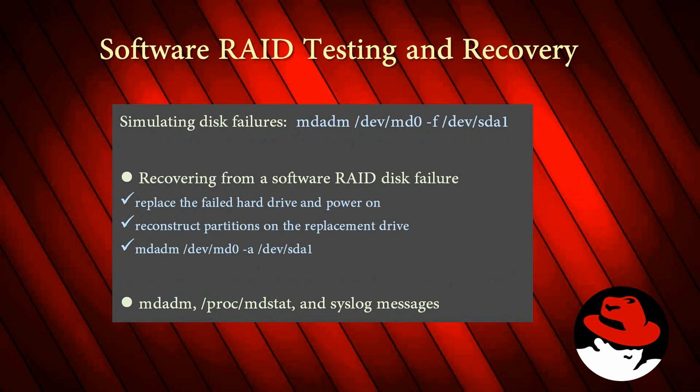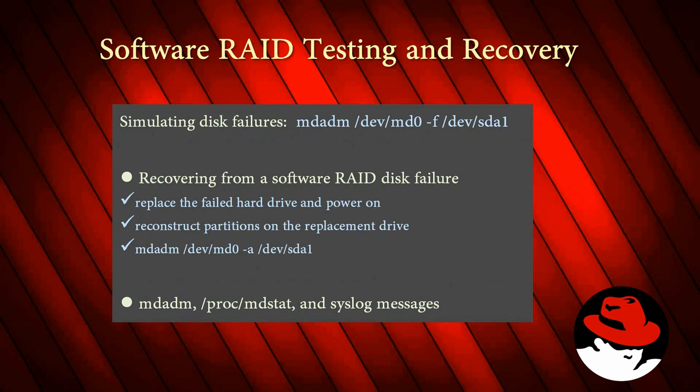The software RAID testing and recovery option is very useful. It simulates disk failures. It helps you simulate when a real disk failure occurs. You can simulate disk failures and check how we can recover from it.